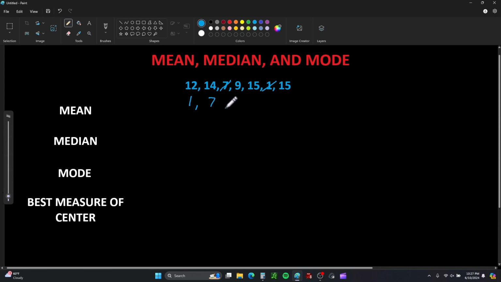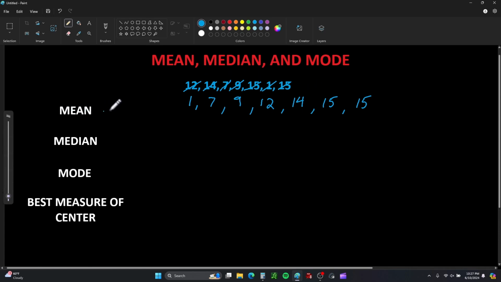Then the next one's a 9. Cross it off. Then a 12. Cross it off. Then I have a 14. And two 15s. I cross them both off, make sure that I've used all the numbers, and I have.